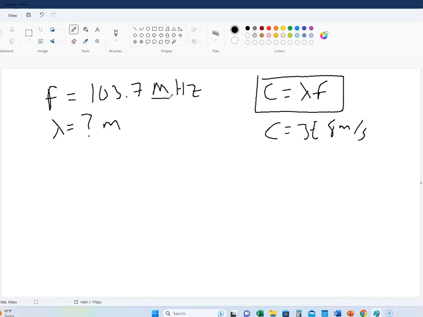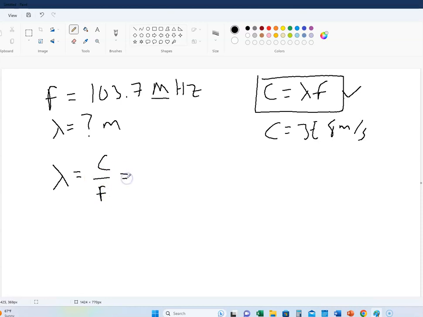Let's rearrange this equation and solve for lambda. Lambda is going to equal the speed of light divided by the frequency. We divide both sides by f, so it's c divided by f.